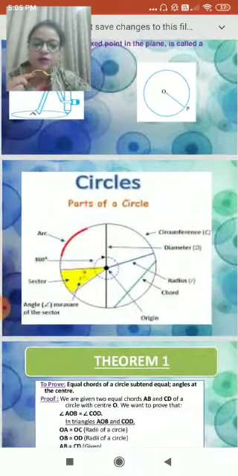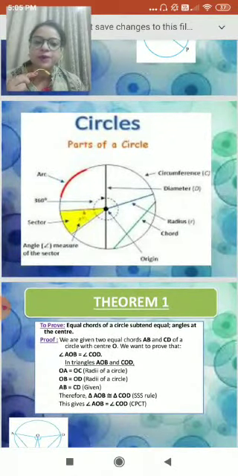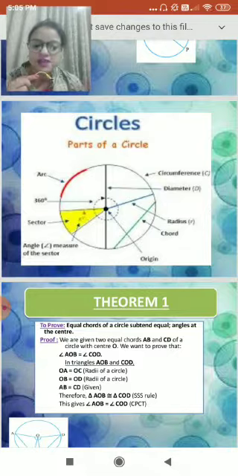Now let us talk about the parts of a circle. You have been studying this in your previous classes, but let us brush up and revise the parts of the circle mentioned here.